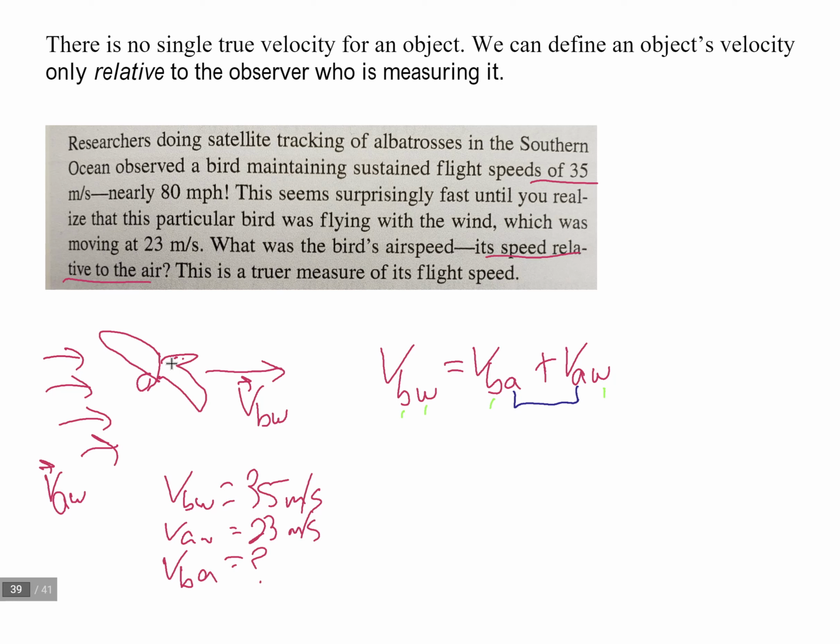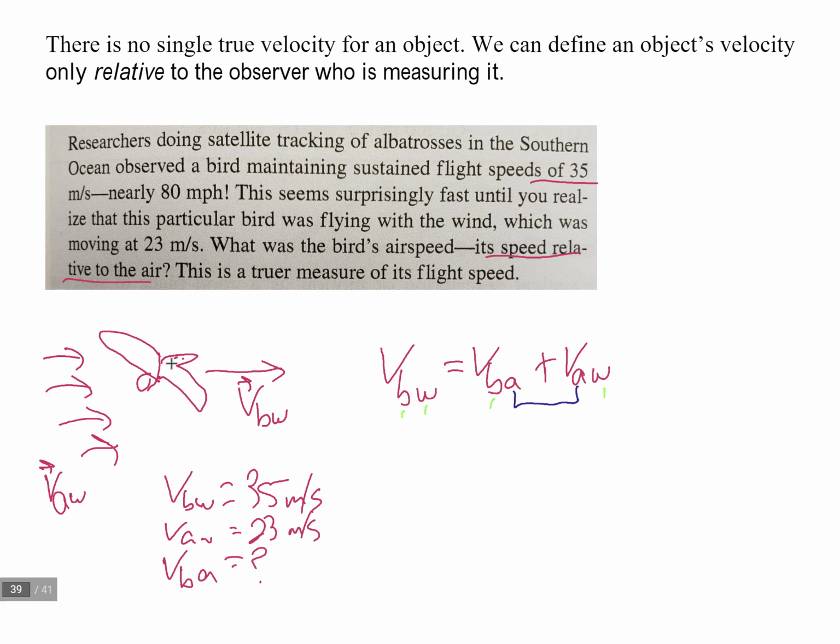Kind of like the same thing is going on here. So the velocity of the bird relative to the water is equal to the velocity of the bird relative to the air plus the velocity of the air relative to the water. So then when we add those together, those inside dimensions almost are needing to be there so that we wind up adding them out and we wind up with the velocity of the bird relative to the water. That's pretty much what's happening.